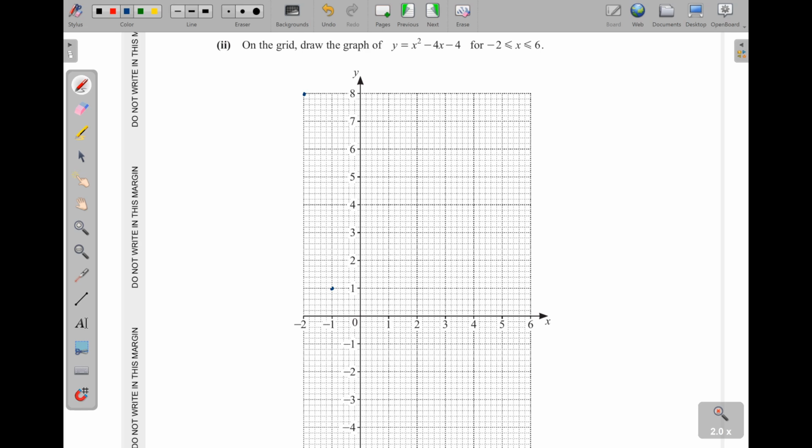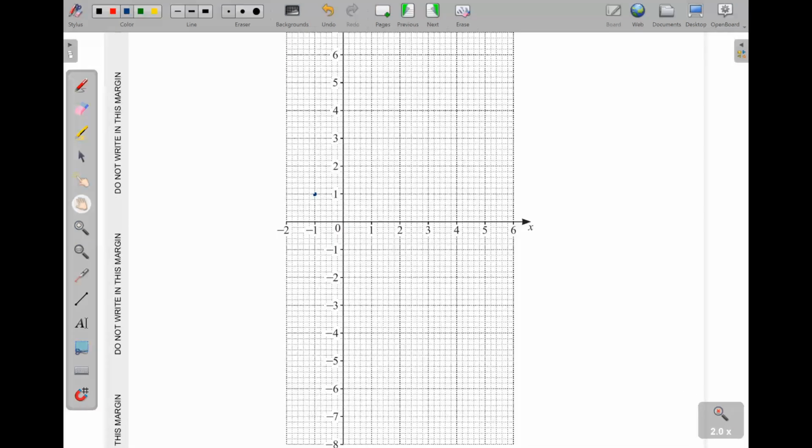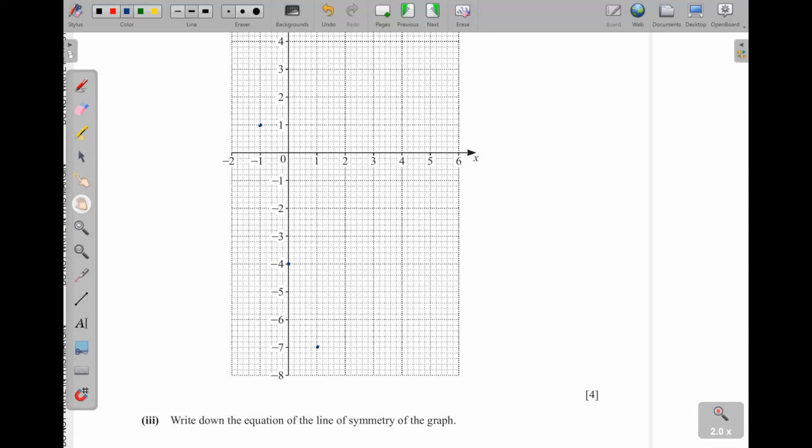We have 0, -4. 0, -4 is down here. Then we also have 1, -7. 1, -7 is down here. 2, -8. So 2, -8 is here.